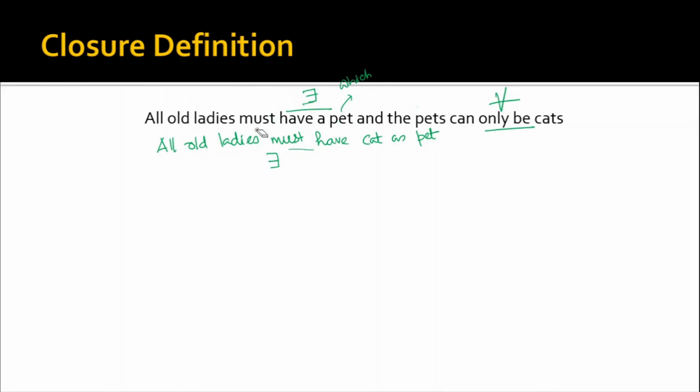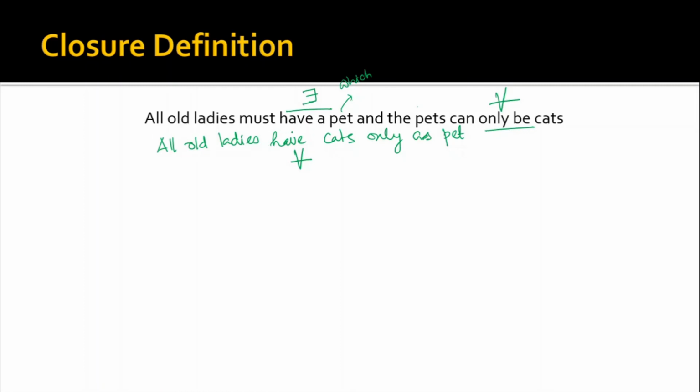Now look at the other way of modeling, right? All old ladies have cats only as pet. Here we are trying to model this with the universal quantifier. Now this means even if the lady does not have any pet, this will be satisfied.